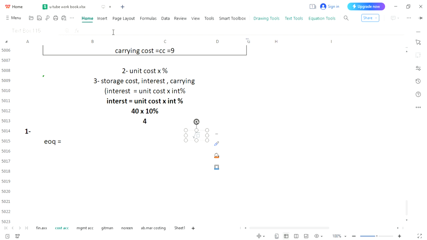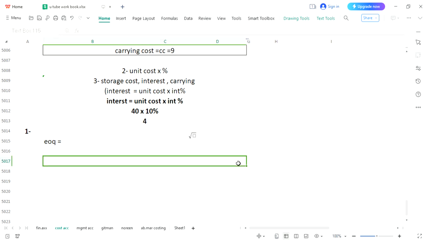Since I'm using Excel, I will have to put it like this. So the formula of carrying cost is what?